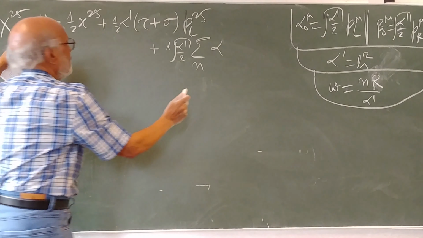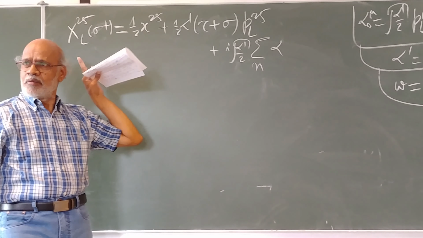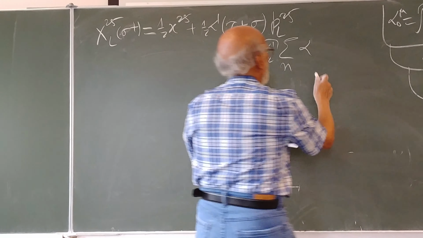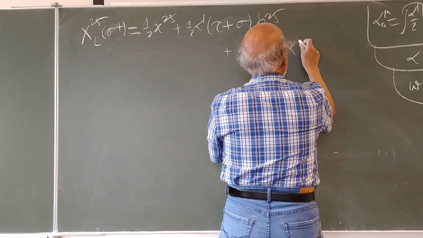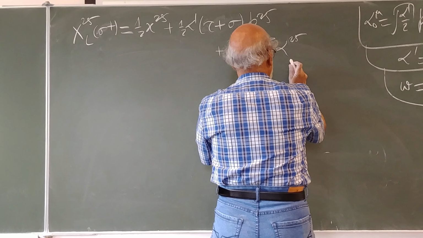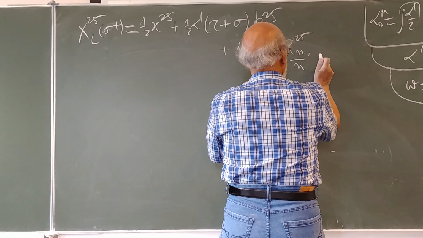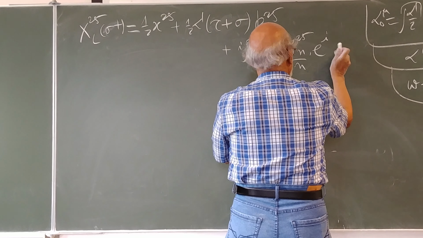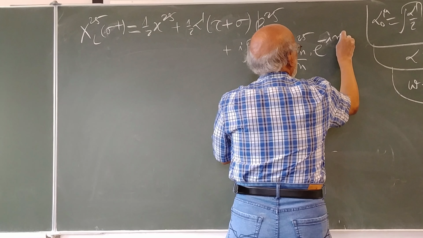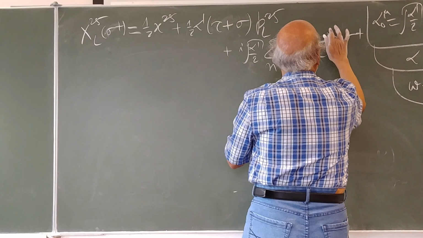alpha. For left we are using alpha, right? For right we are using beta. So alpha mu is now 25, alpha n divided by n e to the power minus i n sigma plus.